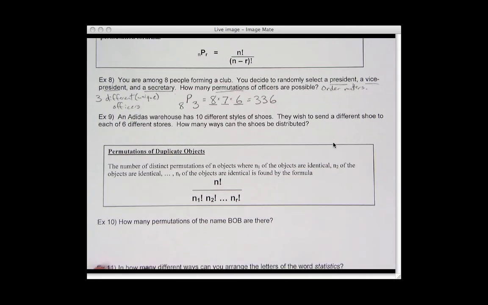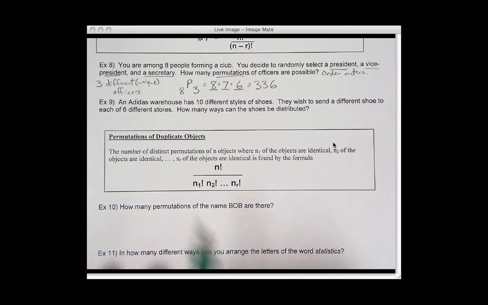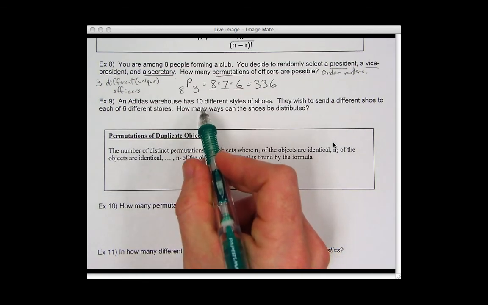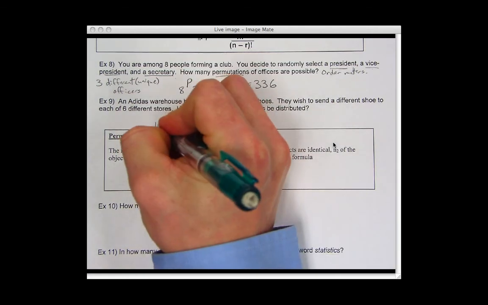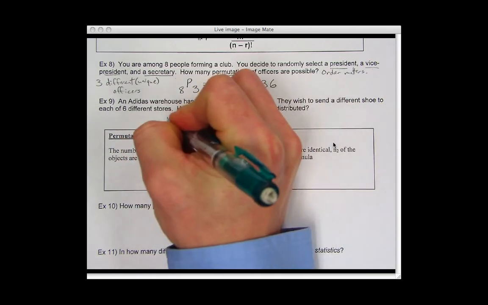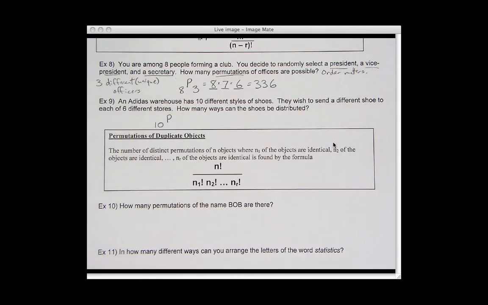All right, in our next example, an Adidas warehouse has 10 different styles of shoes. They wish to send a different shoe to each of 6 different stores. So how many ways can the shoes be distributed? Well, we're choosing out of 10 shoes. And this is going to be permutations because the shoes are different and they're going to different stores.